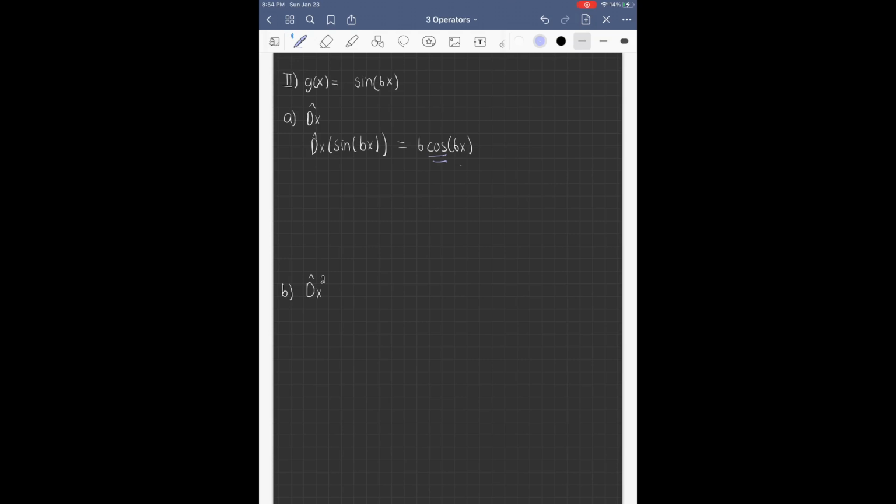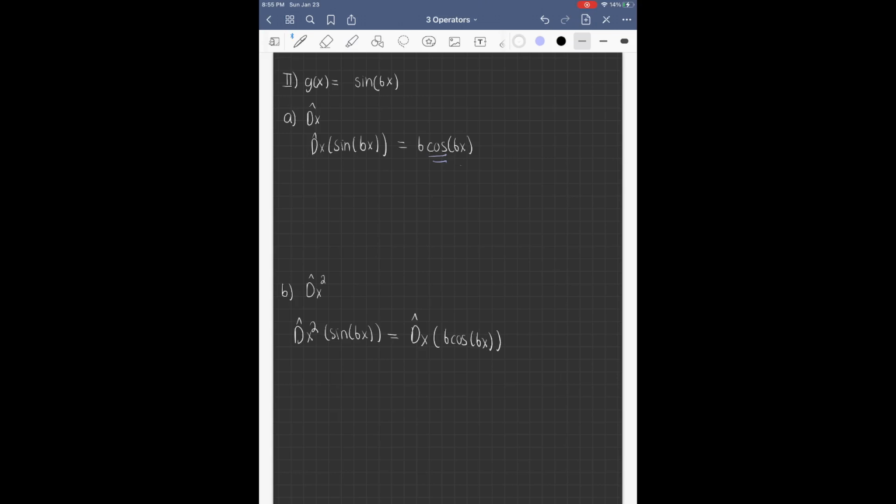So this cannot be an eigenfunction of the derivative operator. All right, next part, derivative squared. Let's take the second derivative of sine of b x. We operate on this once, so we have one derivative left over that still needs to act on the function, and this will be b cosine of b x.